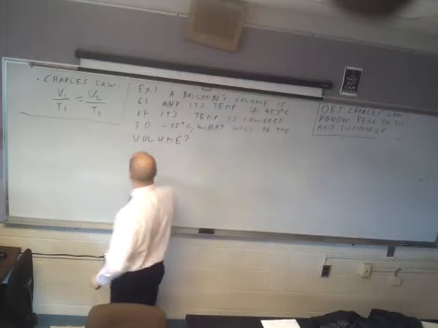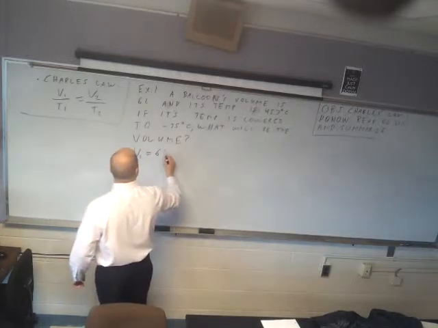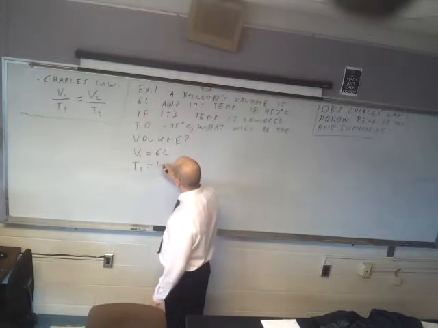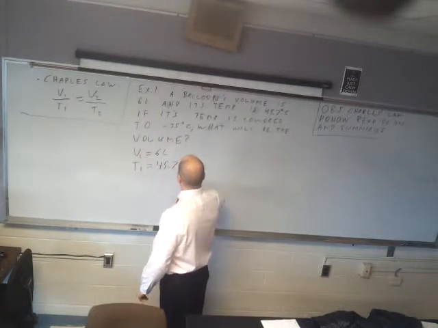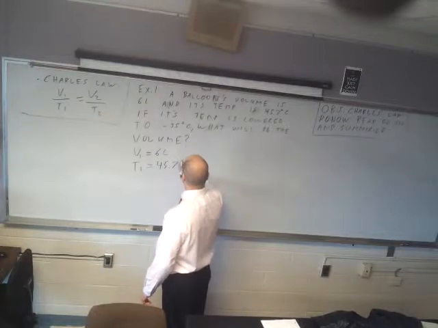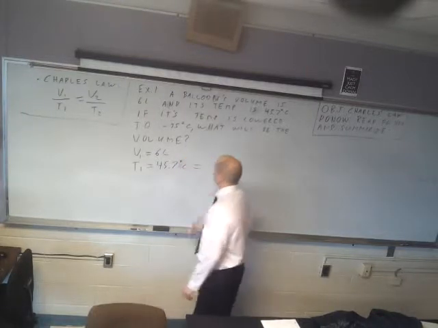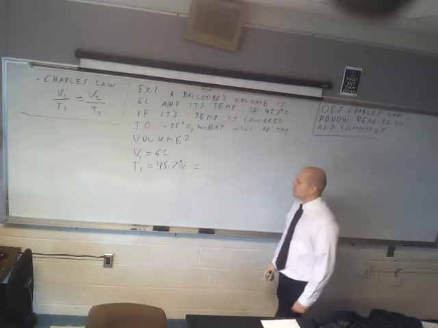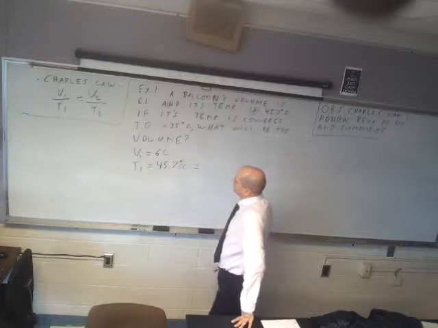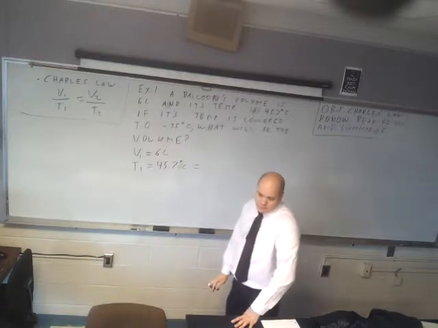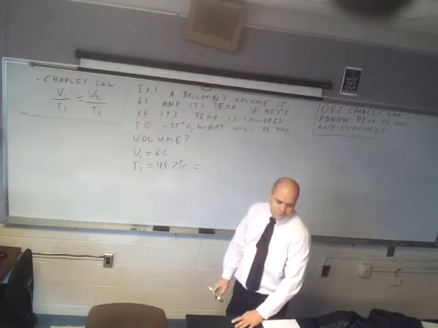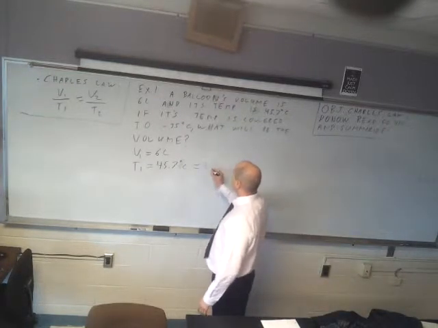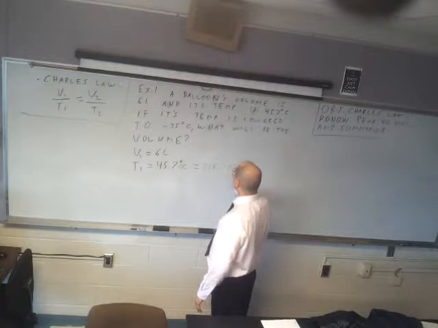So as we list our givens, V1 is 6 liters, T1 is 45.7 Celsius. We have to take this temperature and convert it to Kelvin. So 45.7 Celsius plus 273, what's that come out to? 318.7 Kelvin.